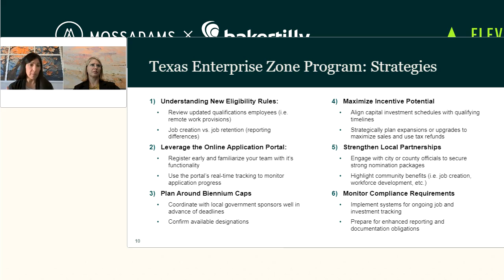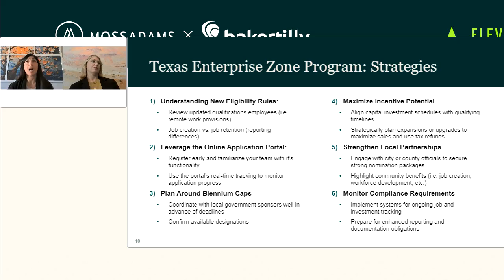Additionally, are you going to be able to map those people to show the distance? Next, understand the difference between new employees and retained employees. Both of those buckets have different reporting requirements and different supporting documentation that will go along with that once it's submitted to the comptroller's office.